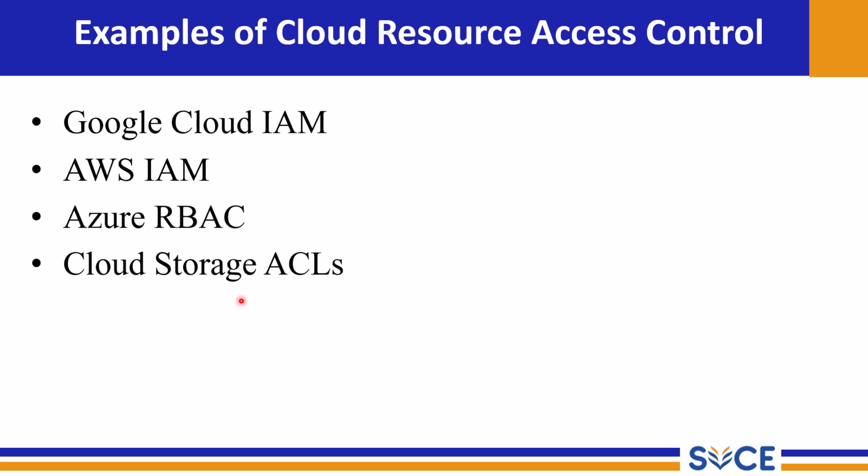Initial cost is low compared to other solutions. And user experience is generally much better than with an on-premises solution. The drawback of cloud resource access control is that there are few options for customization, as well as potential security risks if good practices for cloud solutions aren't followed.